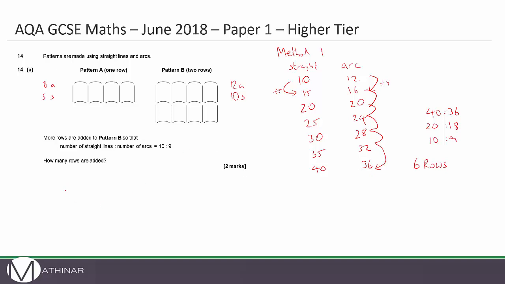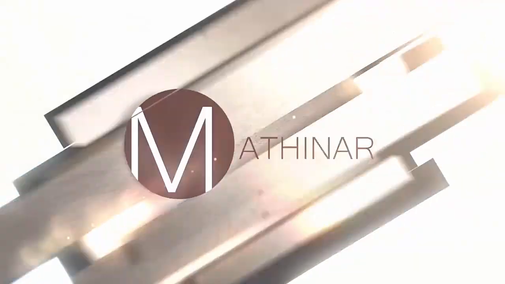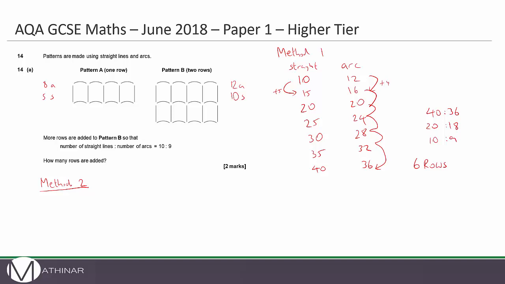Okay, now there's a more algebraic method of doing this as well. So let's call this method number 2 and let's do it the algebraic way. So if we add x rows, let x equal the number of additional rows.